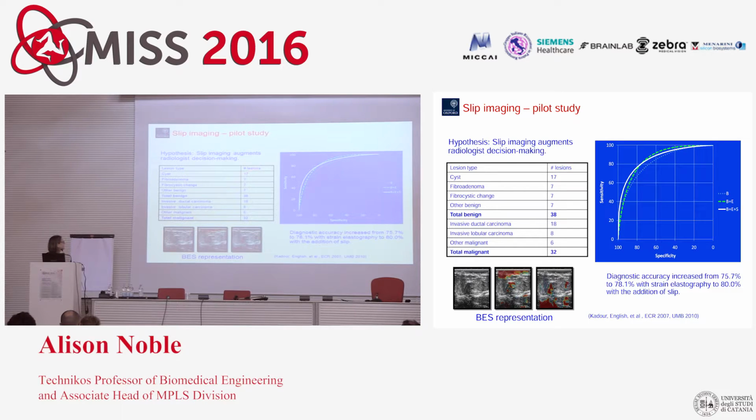So this is just summarizing the results, which I'm not going to go into detail of because it wasn't the purpose of my talk to do so. But what you find is by adding this slip image, you can increase diagnostic accuracy from, if you use the ultrasound alone, 76%, about 78% if you add stiffness, and it goes up again if you add slip.